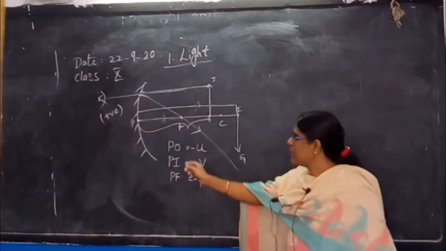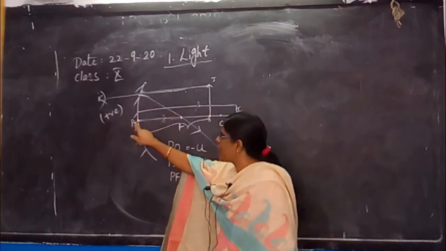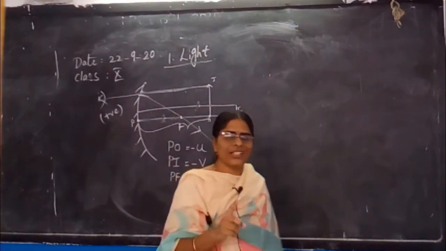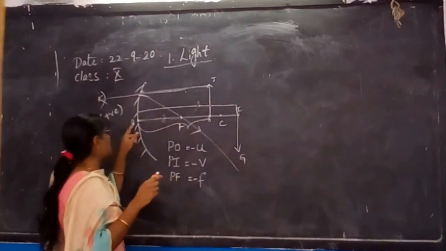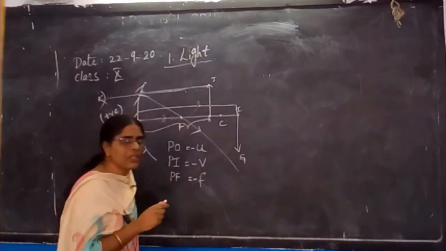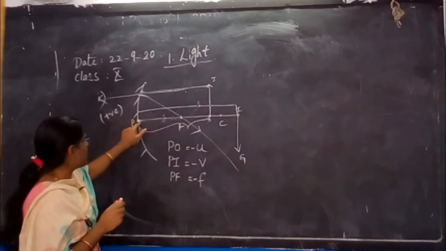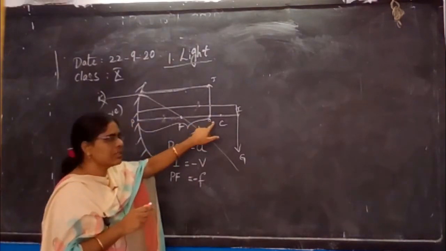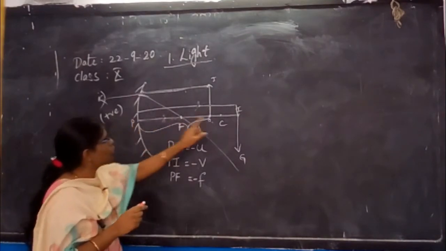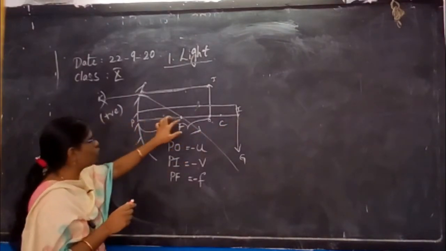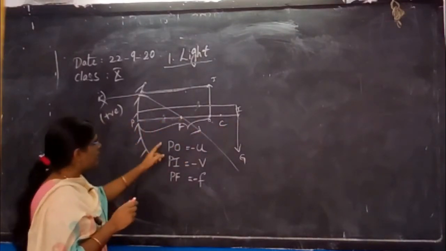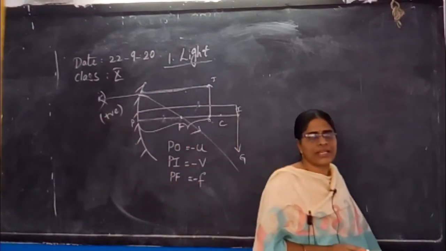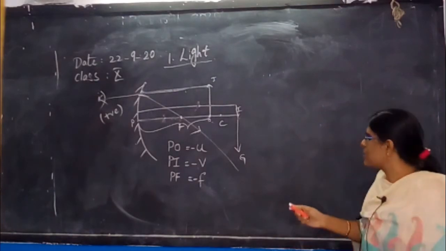Your first point is, all the distances from the pole. Did I measure my object distance from pole to the object? Next, pole to the image, pole to the focus. These are the rules we are applying in the case of your ray diagrams.